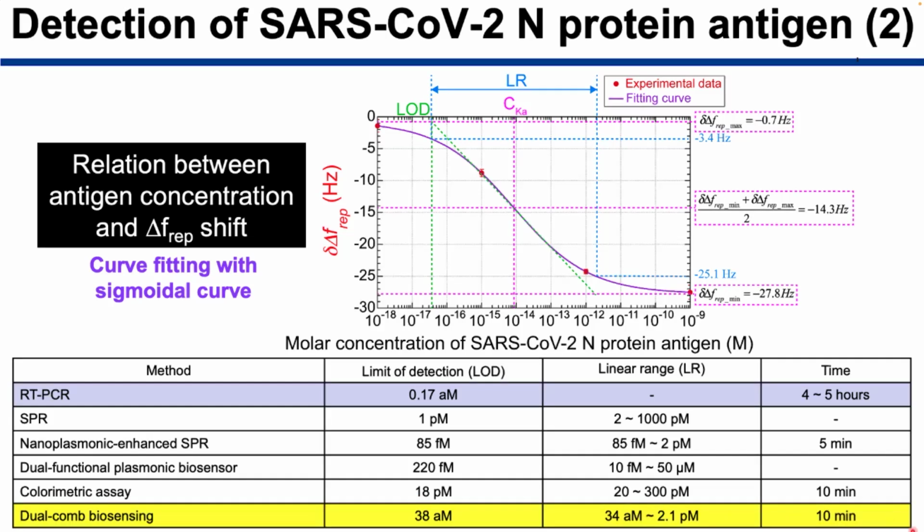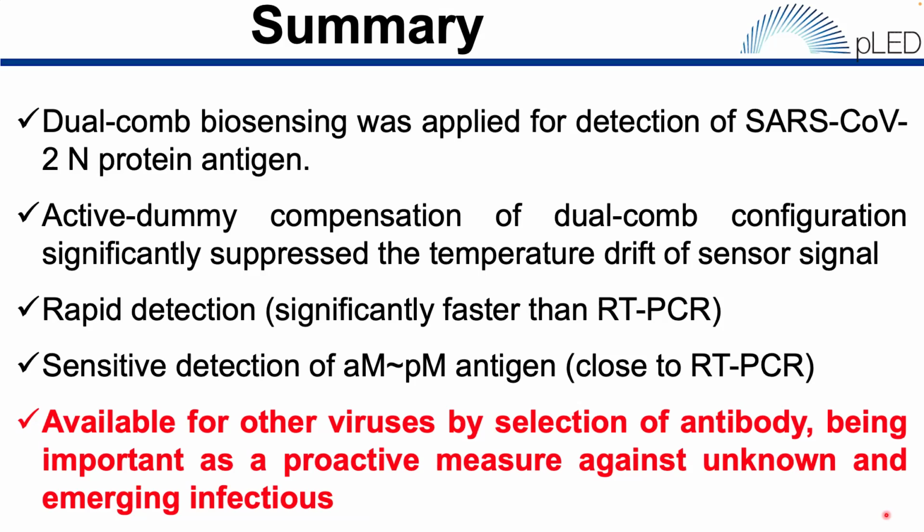For a comparison, the sensing performance of other testing methods for SARS-CoV-2, including PCR, are summarized like here. From comparison among them, only the dual-comb biosensing can achieve high sensitivity and short testing time simultaneously.